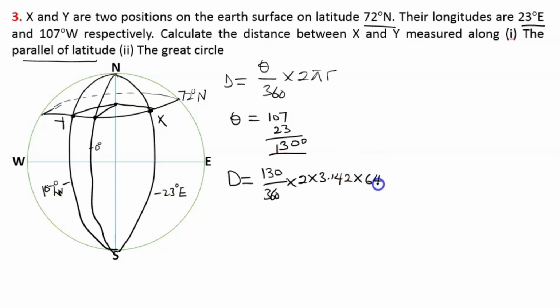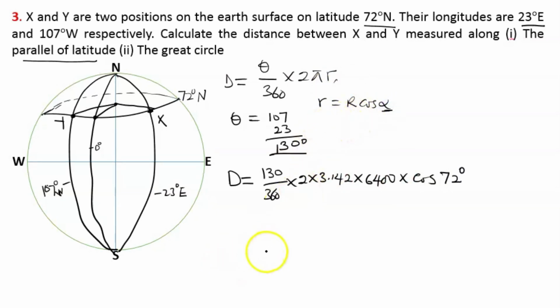So 6400 times cos of, what was their common latitude? That's 72 degrees. Don't forget that this r is r cos alpha, where alpha is the latitude.